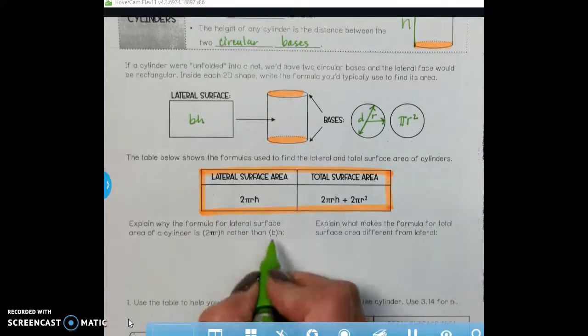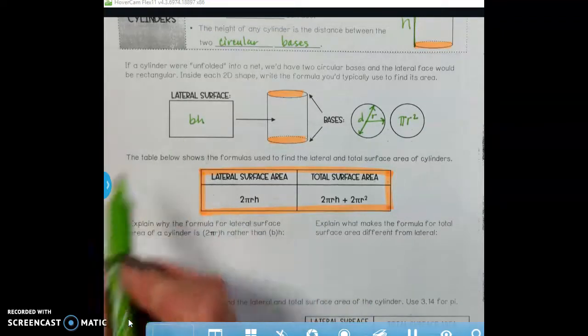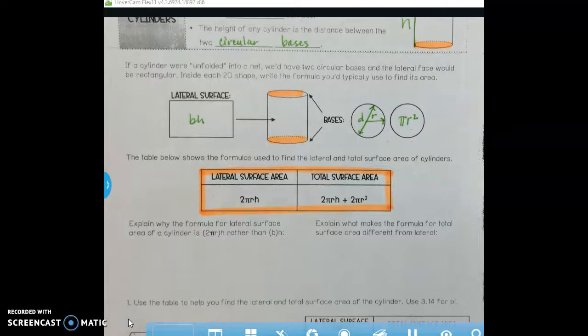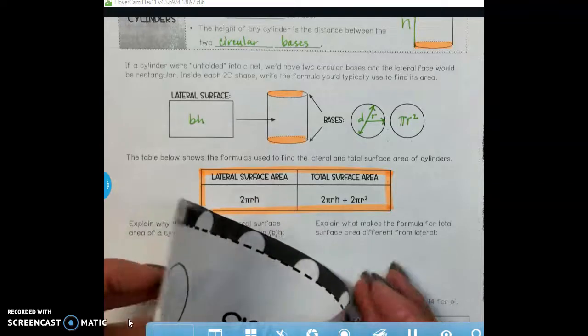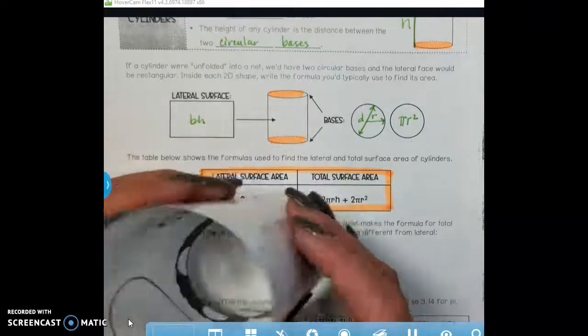So your base times height, this rectangle, has to be seen in a cylindrical application. So as before, I'm going to just use my little example right here.